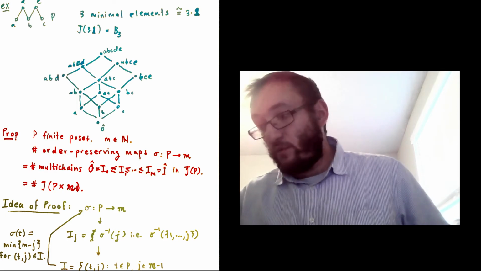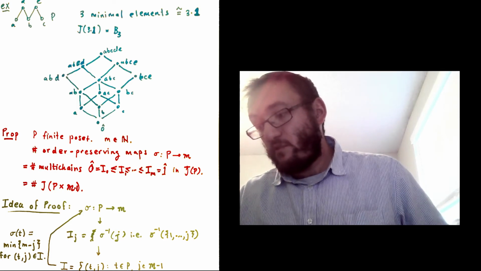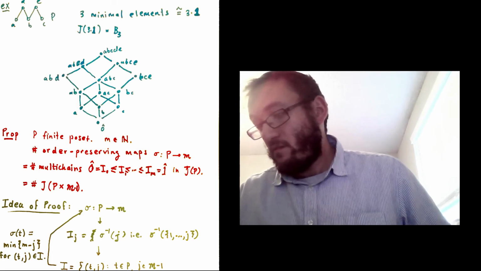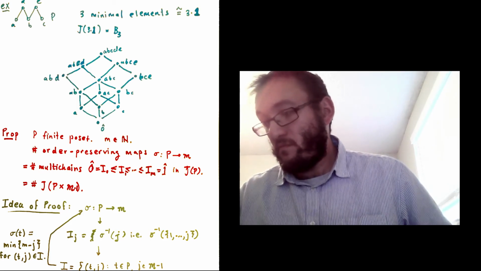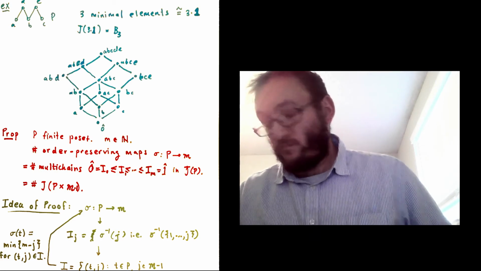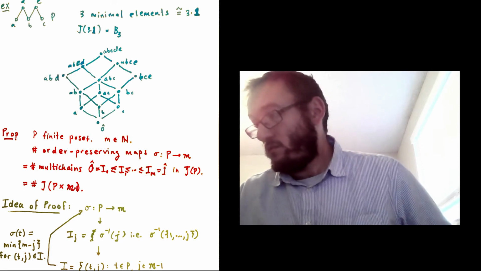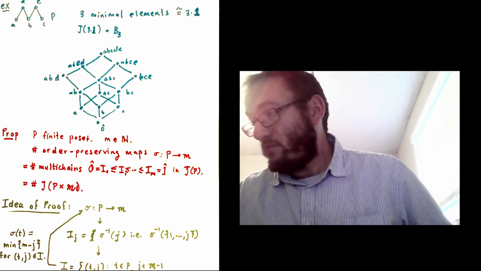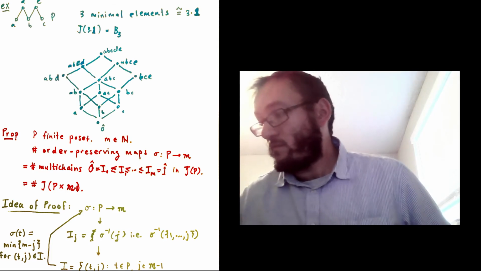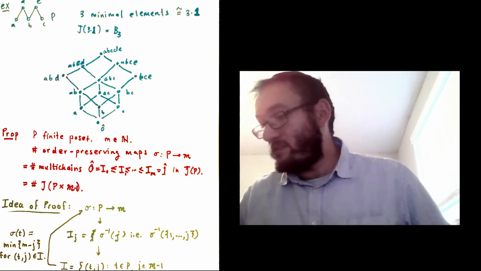Then the following are equal. The number of order-preserving maps sigma from P to M, where that's the chain on M elements.